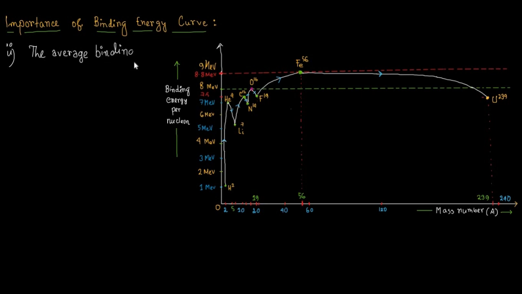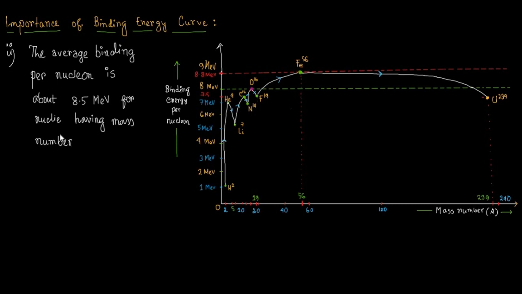The average binding energy per nucleon is about 8.5 MeV for nuclei having mass number ranging from 40 to 120.